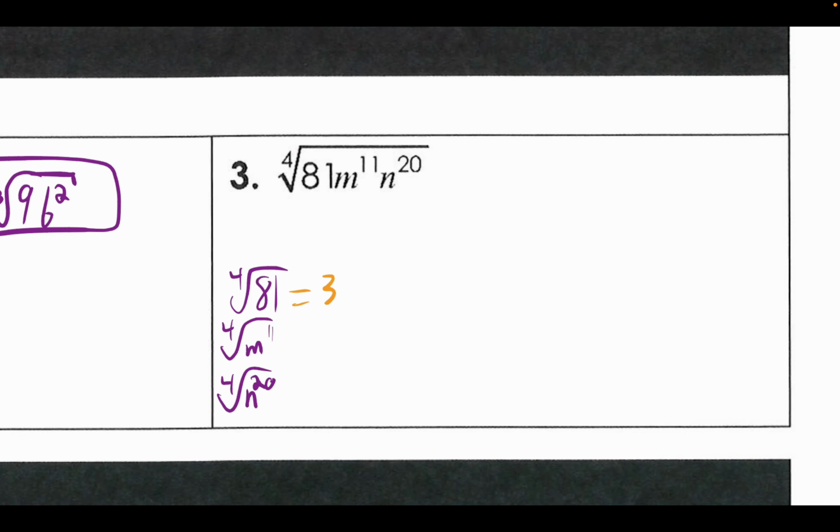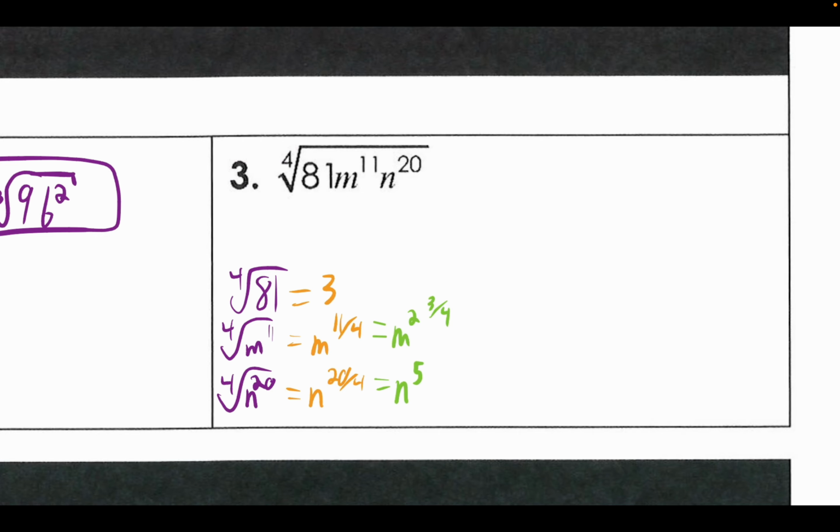It's just 3. 4th root of m to the 11th is m to the power of 11 over 4. 4 goes into 11 2 times with 3 remaining, so giving us 3 over 4. 4th root of n to the power of 20 is 20 over 4, which reduces very well to n to the power of 5 with no fraction.